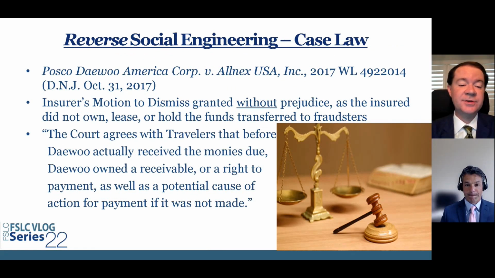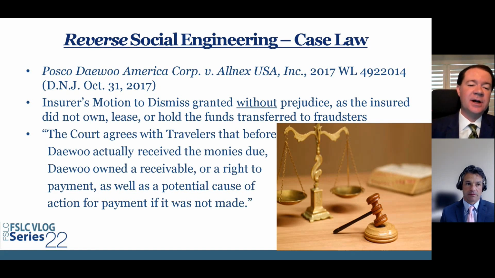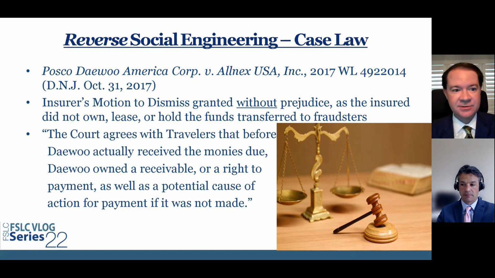So there are two recent opinions in the realm of the classic reverse social engineering. And you've got the POSCO case out in New Jersey from 2017, in which the insured's vendor sent funds to an account controlled by the bad actors.